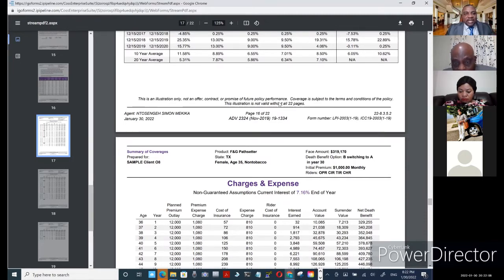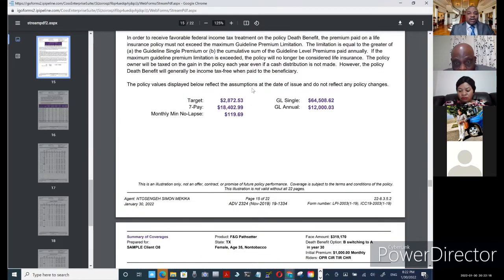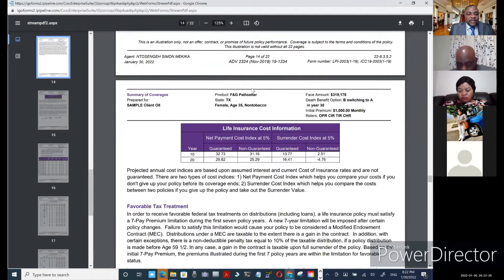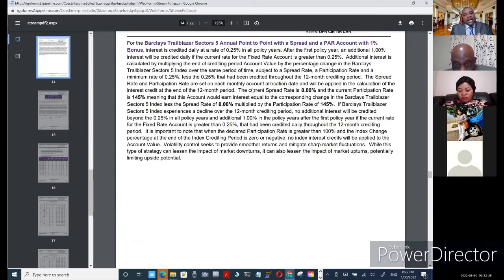I'm just a messenger on behalf of F&G, which is their policy. Next week, we may review the North American policy too. We review other policies. I work with over 56 different A-rated carriers, and they sell Index Universal Life. This is evidently one of the best products that I have right now.